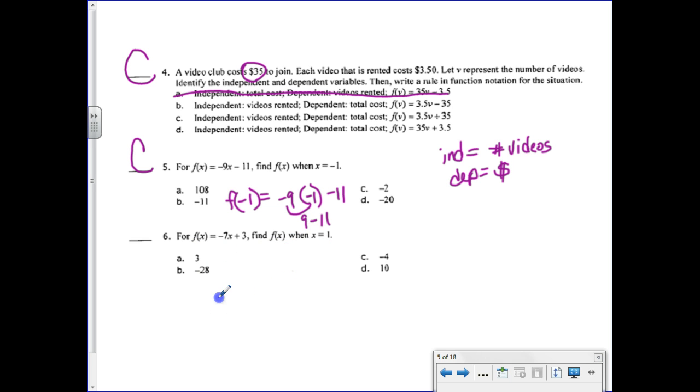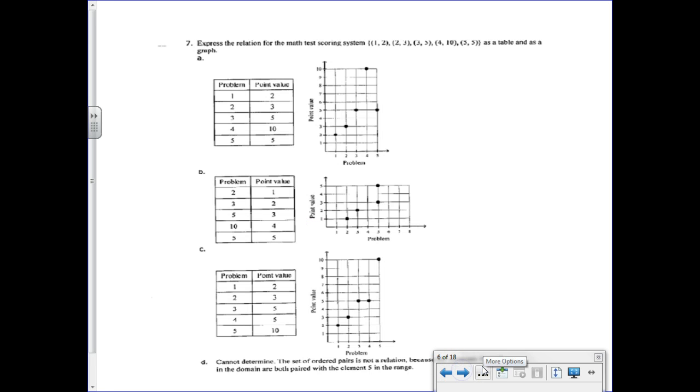On the next one, I'm saying please evaluate the function at the value 1. -7 times 1 plus 3. -7 plus 3 is -4. That gives you a C again. Hey, look at that, C. Don't freak out when that happens. Trust yourself.